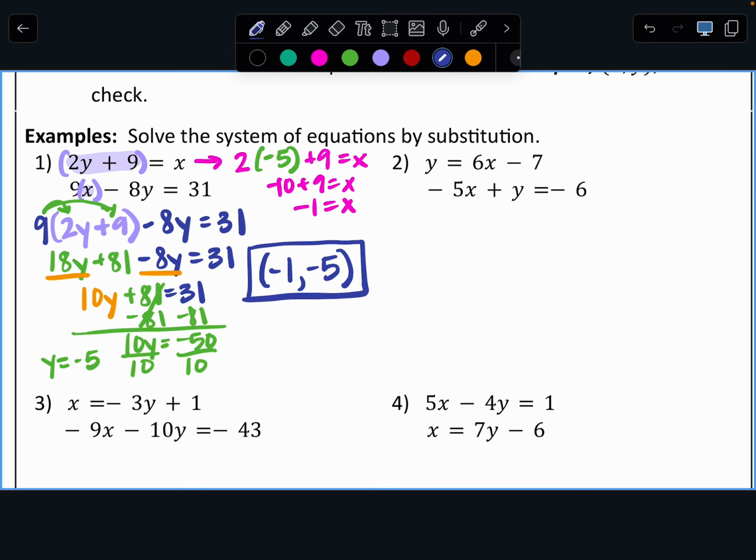Number 2. The equation that has one of the variables isolated is the first one, y equals 6x minus 7. So 6x minus 7, I'm going to put it in parentheses, and I'm going to plug it in for y in the second equation. Negative 5x plus (6x minus 7) equals negative 6.